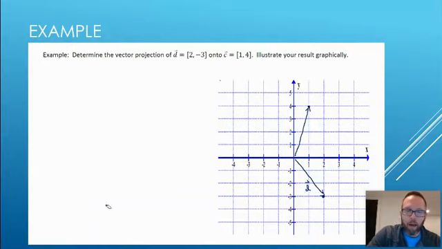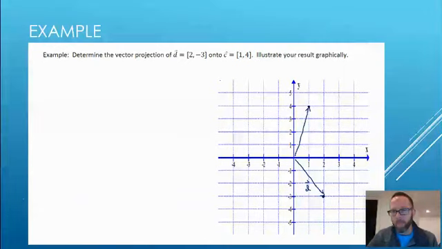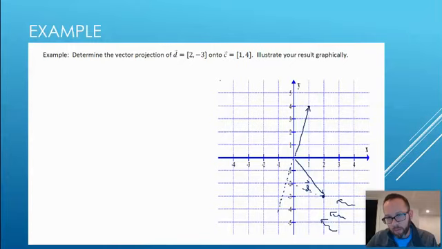So I'm basically getting a diagram set up. We'll do the math, and hopefully we'll see that the diagram and the visual match up pretty well. So we're projecting onto C, which means I'll extend C like that. We'll imagine a light source that's perpendicular to C coming in and casting a shadow.